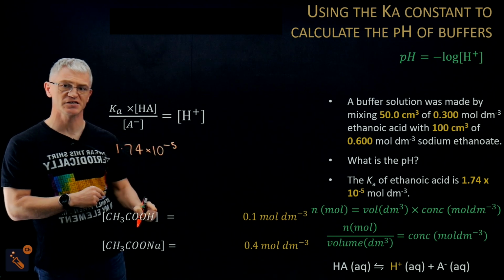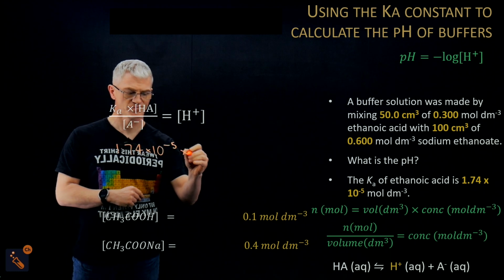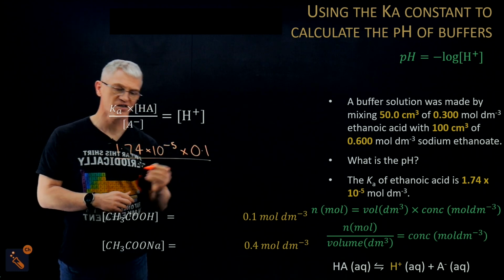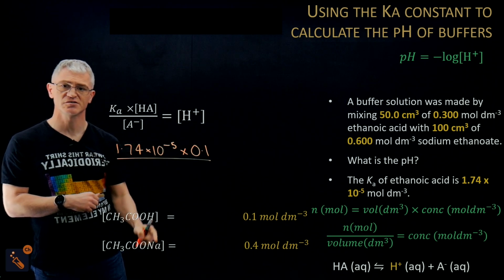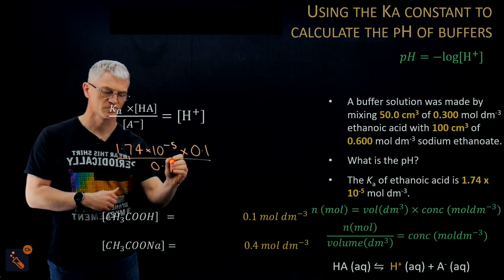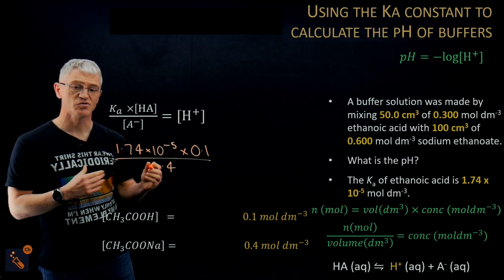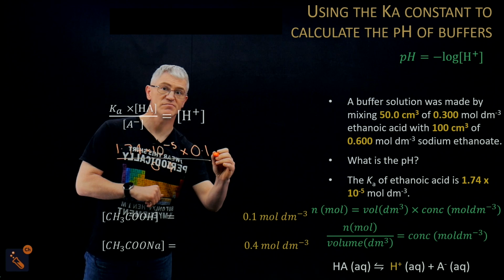Times by the HA. The HA is the acid here, and that is 0.1. Then you divide that by your A minus, which is 0.4. That adds up to 4.35 times 10 to the minus 6.